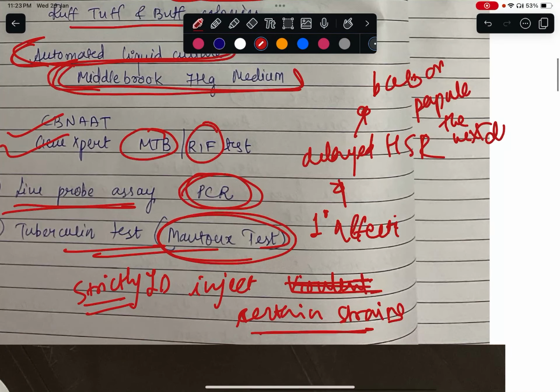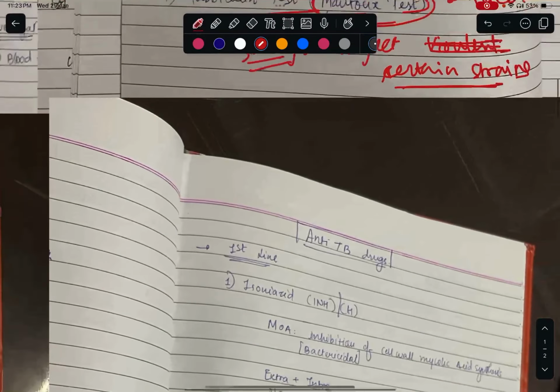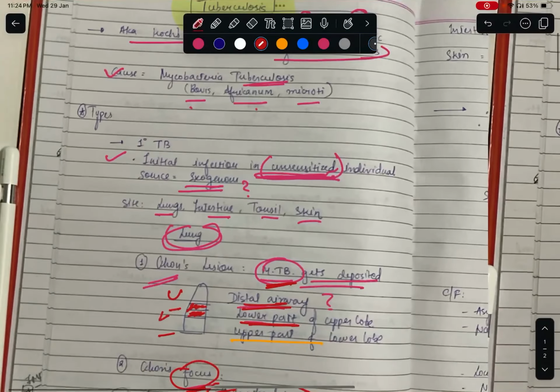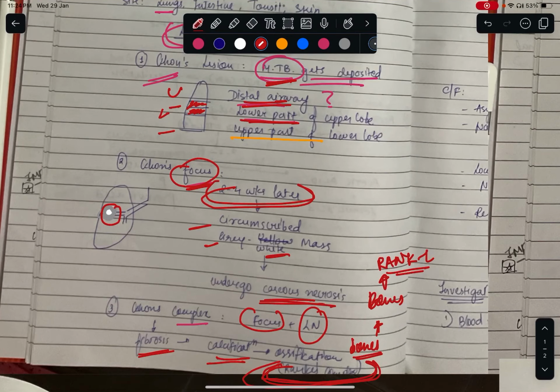So that's it. We just completed what is tuberculosis, what is primary tuberculosis, and how it affects the lungs, intestine and skin.